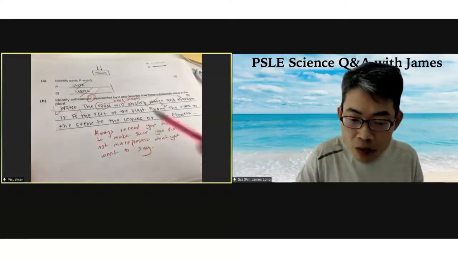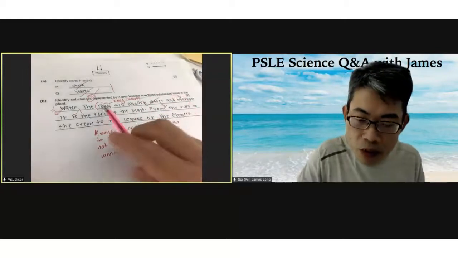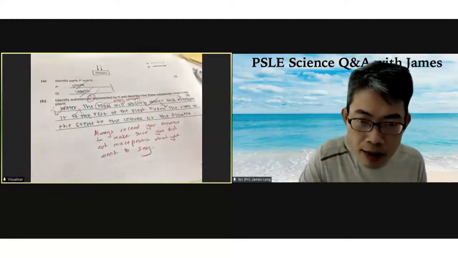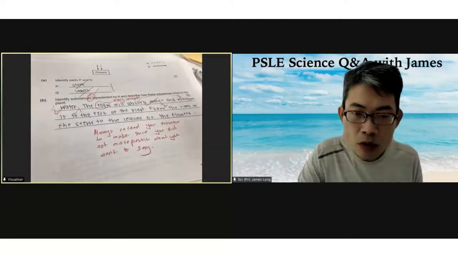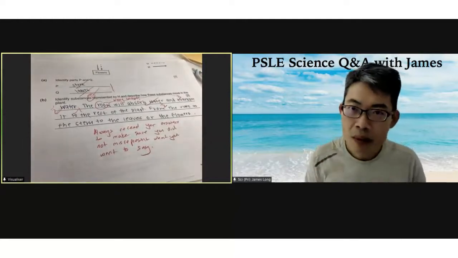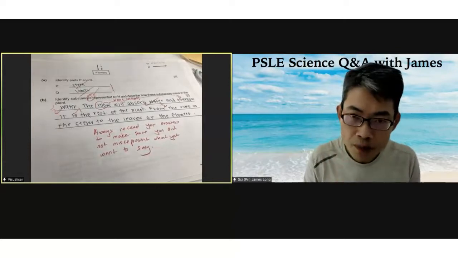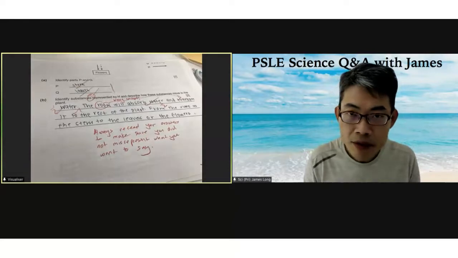You are telling me that the roots will transport water to the leaves, roots will transport water to the fruits, to the flowers. Come on, right? That's a wrong concept. And you will be penalized for wrong concept. You will not get your marks. So that's why I mentioned, let me belabor the point, spend a few more seconds to read through your question. And of course, you must spend some time to check through your work. Definitely. Okay?